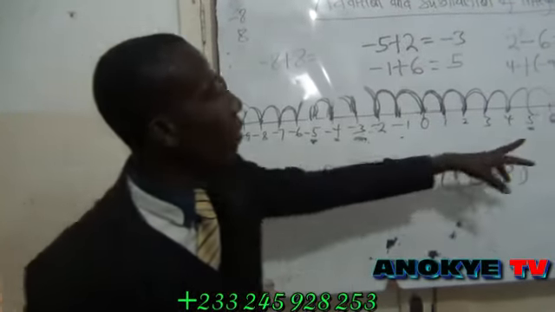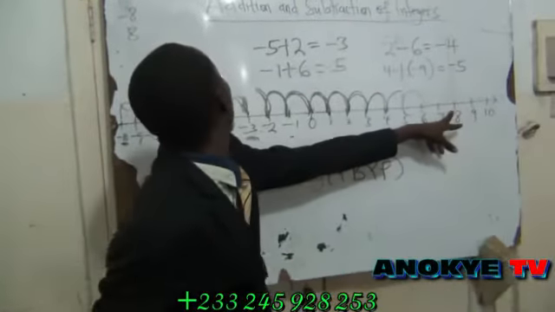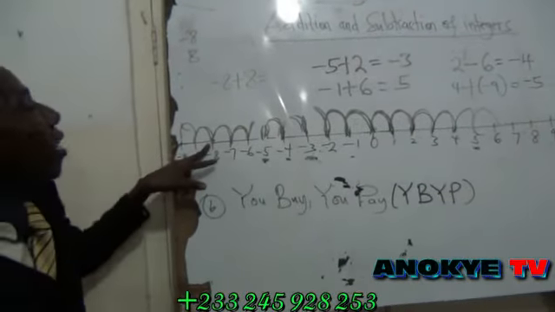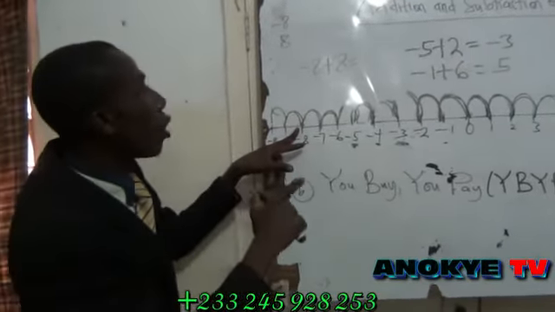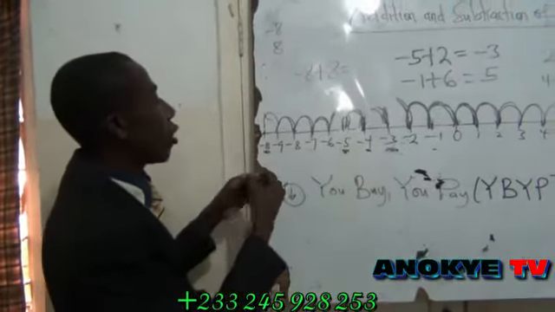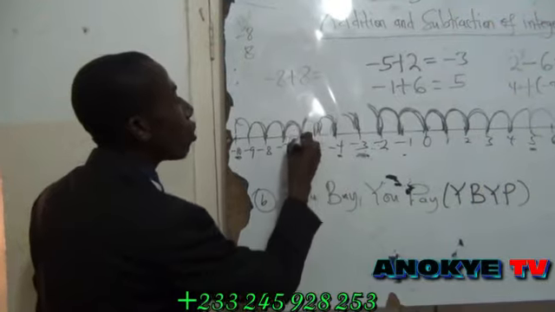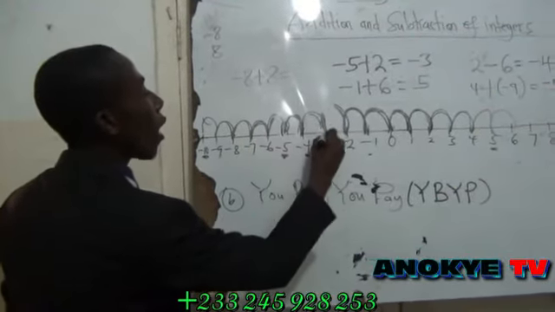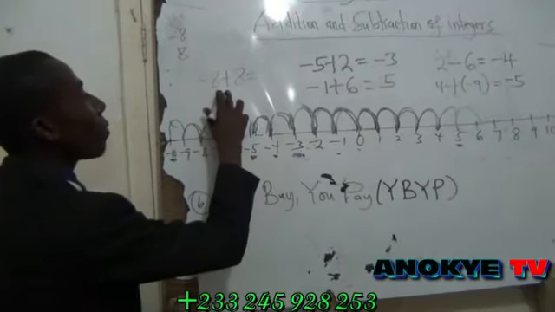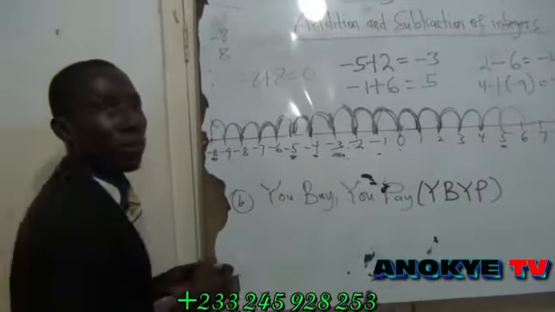So you start on the first one, which is -8. The second one is 8, so it is positive. Therefore, I'll move to the right 8 times. So it is 1, 2, 3, 4, 5, 6, 7, 8. It's 0. Therefore, -8 plus 8 is 0.